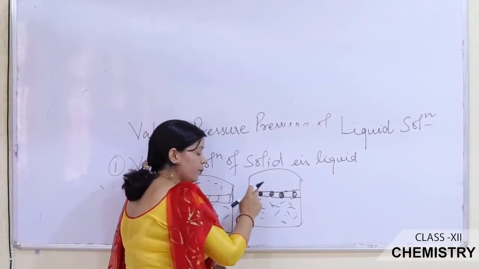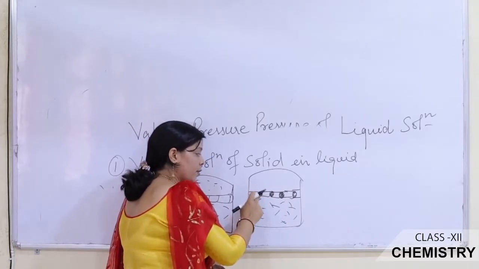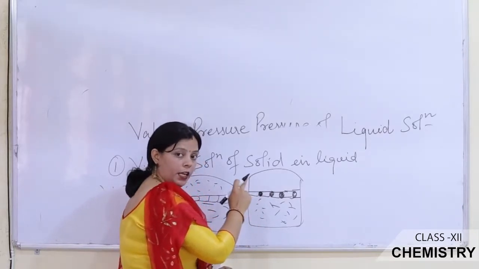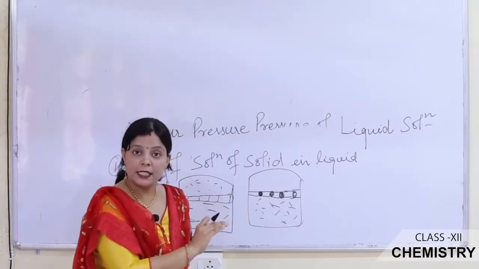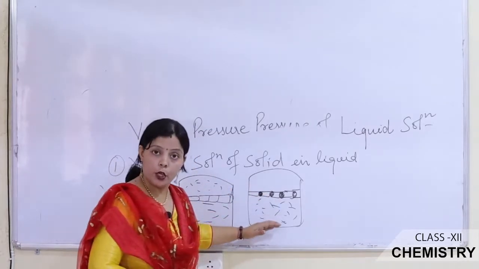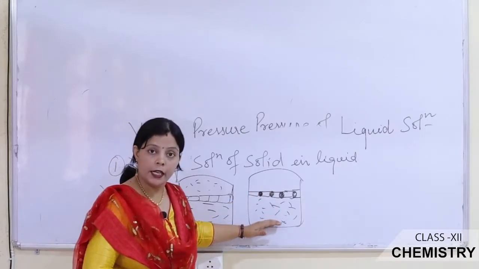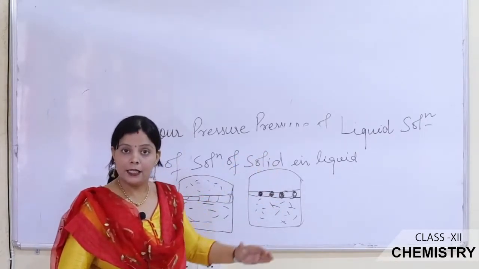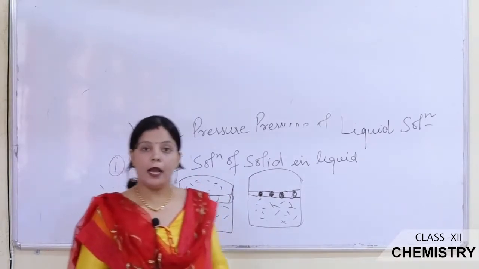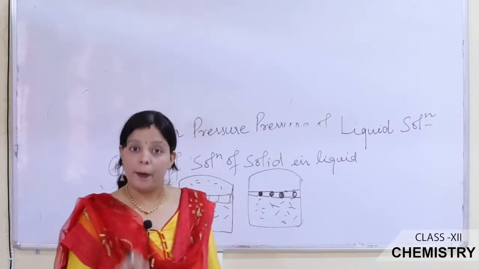It means the surface area which is available for evaporation is reduced, or in other words, the number of molecules which have the tendency to escape into the vapor state decreases, and this is named the lowering of vapor pressure.